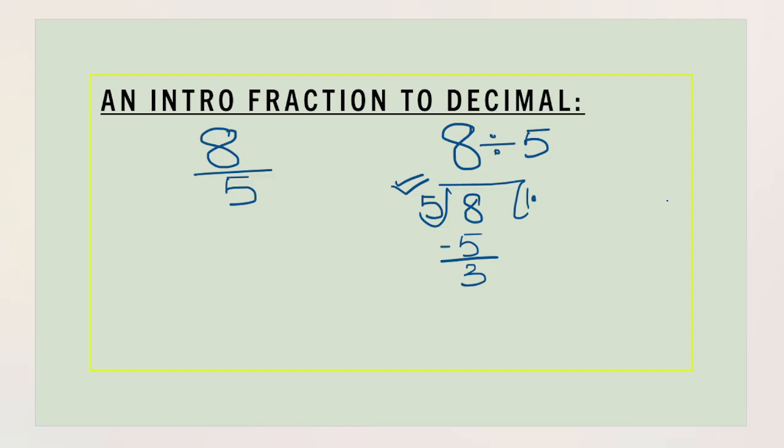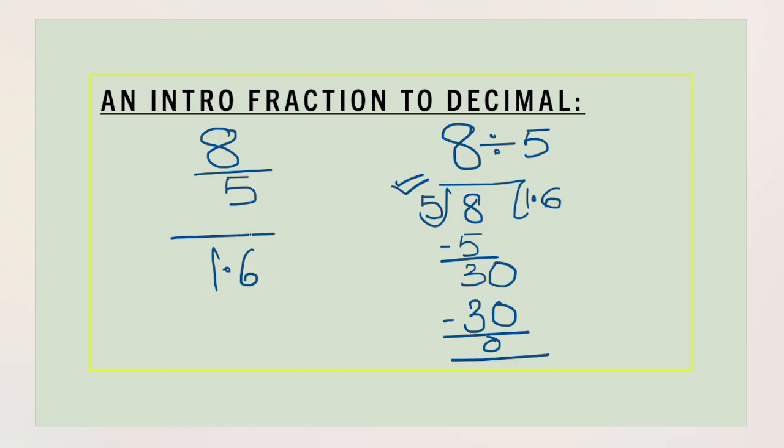So at this point, when I write a decimal, I get a free zero. This becomes 30. 5 times 6 is 30. As soon as your remainder is 0, the question stops, leaving behind the answer 1.6. So 8/5 when converted into decimal is 1.6.